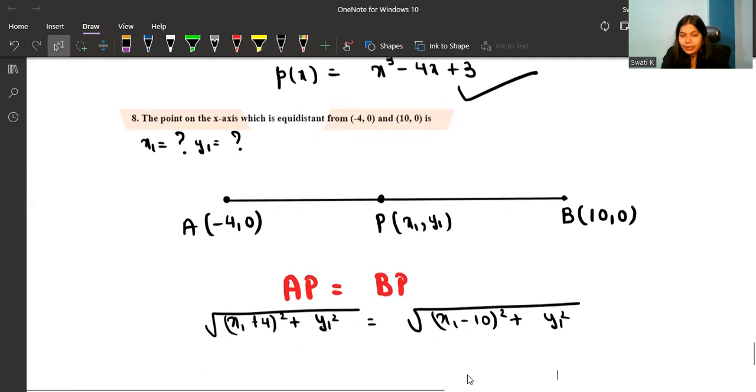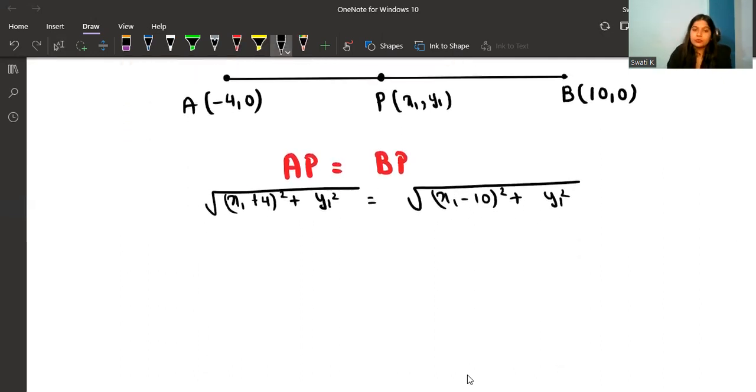Now, if I take square on both the sides, of course the roots will be cancelled, so this will become (x1 plus 4) whole square plus y1 square equal to (x1 minus 10) whole square plus y1 square. Clearly the y1 square and y1 square will get cancelled.